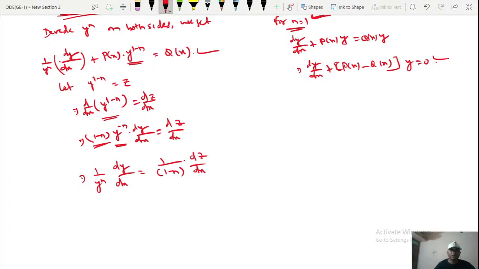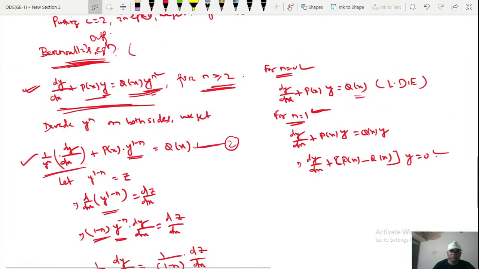Now I will put this here, because there is 1 by y to the power n into dy by dx. Suppose I call this equation 2, and the given equation is equation 1.